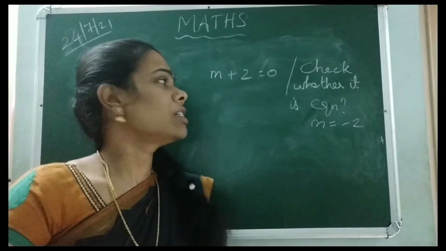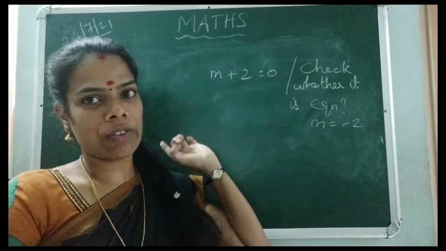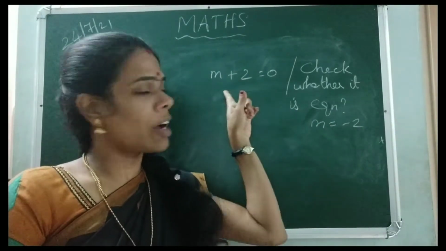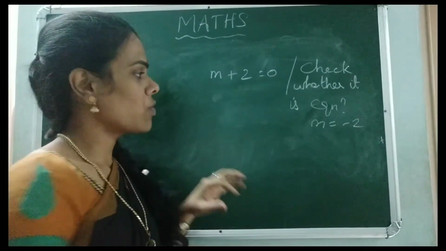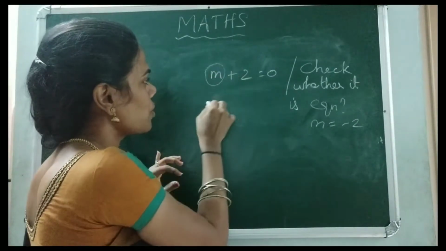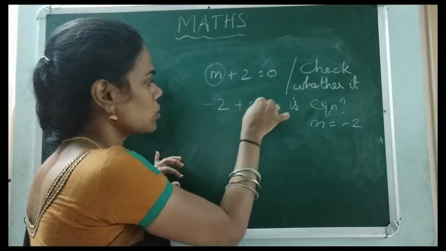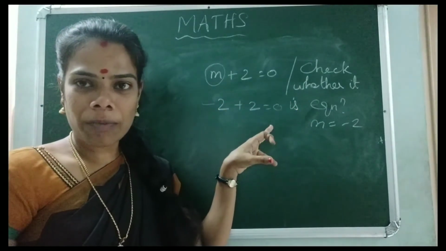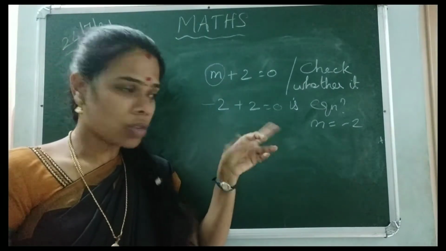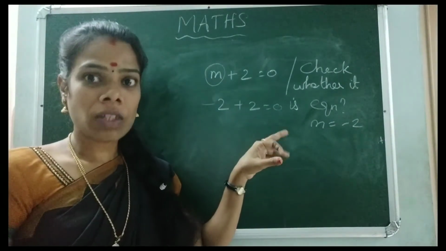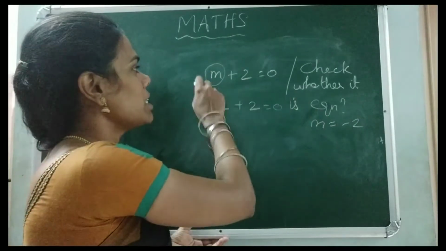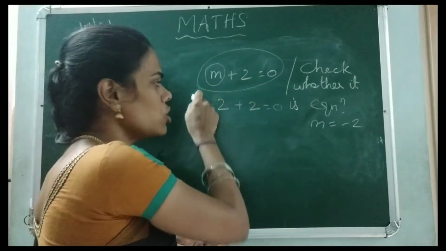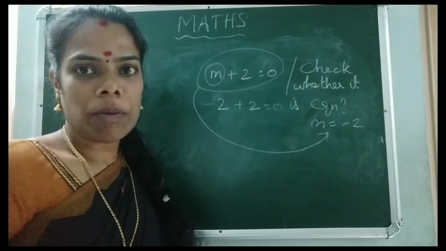What you should do is replace this value in the equation. Instead of m, you replace minus 2, so minus 2 plus 2 equals 0. Therefore it satisfies the right side answer, right? Minus 2 plus 2 is 0. So the solution of this equation is m equal to minus 2.